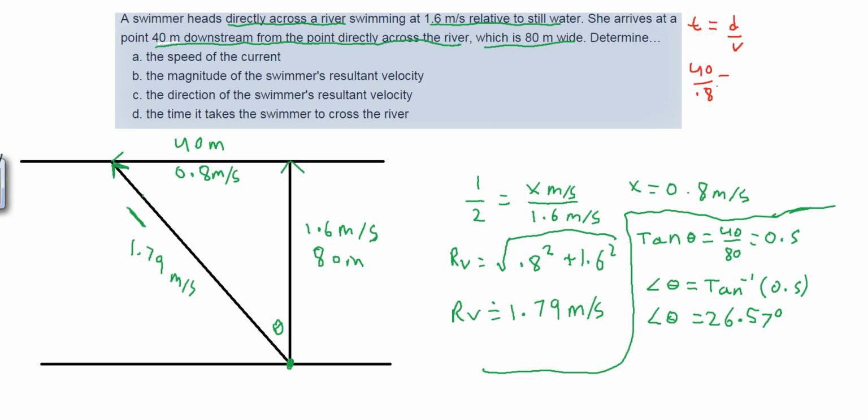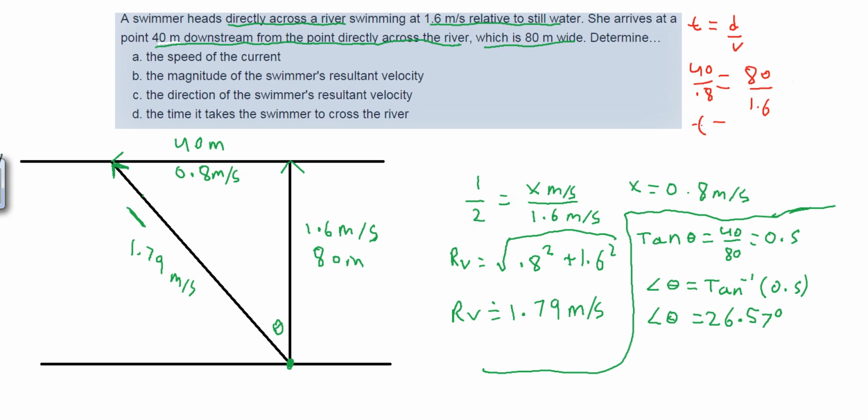Or we could say that equals 80 divided by 1.6. Okay, yeah, so since time equals distance over velocity, we'll just use this one here.